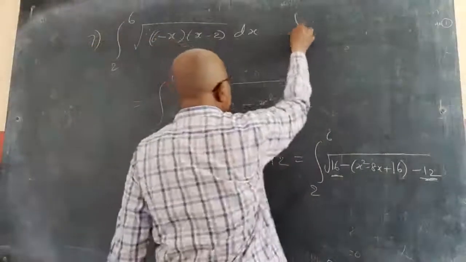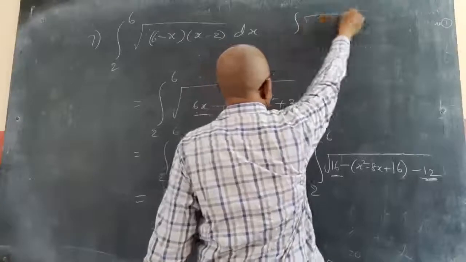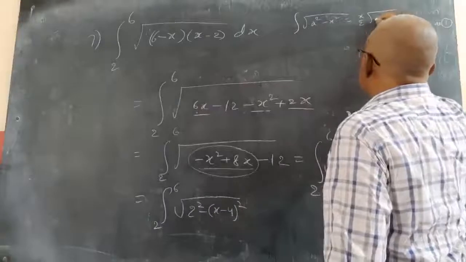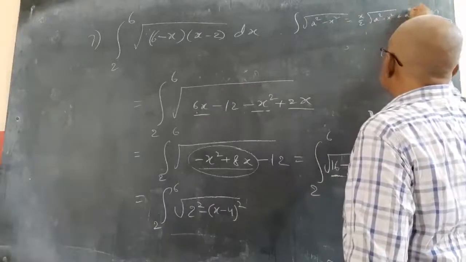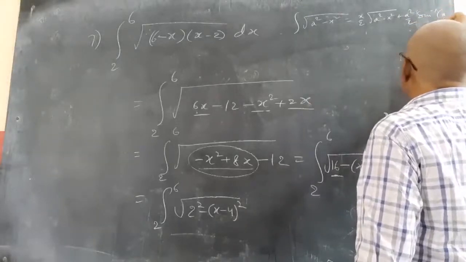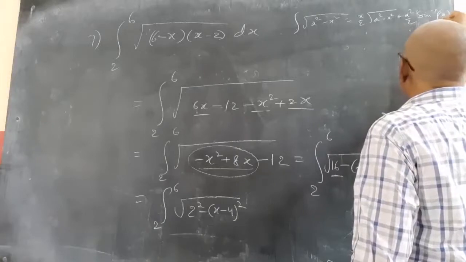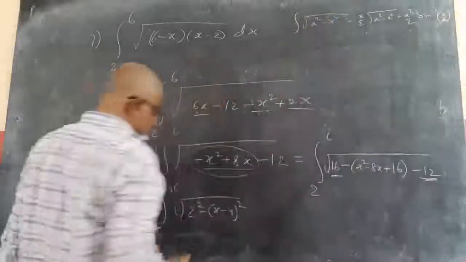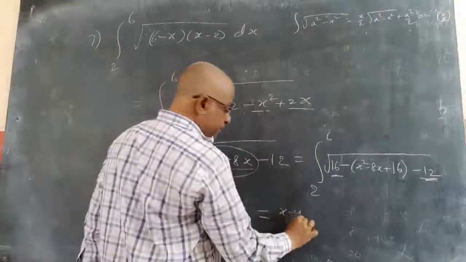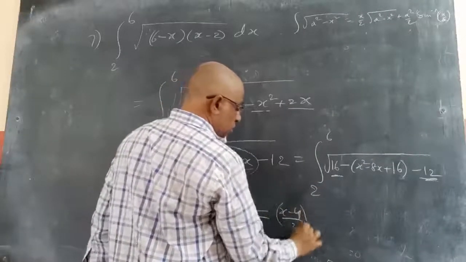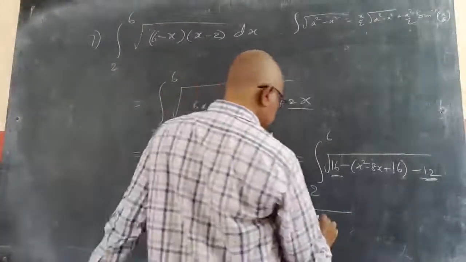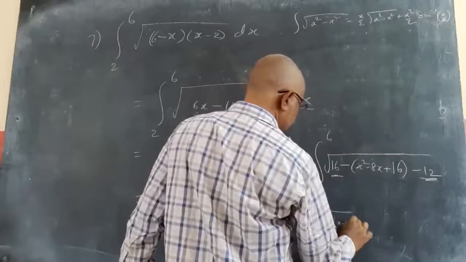We know that the integral of root of a square minus x square formula is x by 2 into root of a square minus x square plus a square by 2 into sin inverse x by a. Using this formula I can expand this. So x by 2, where x means x minus 4, so (x minus 4) by 2 into root of a square minus x square, which I can write as it is: 2 square minus (x minus 4) whole square.